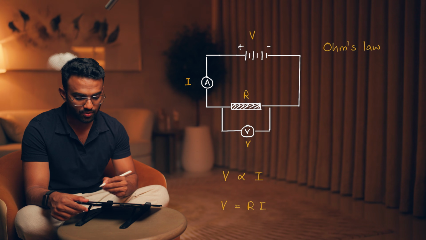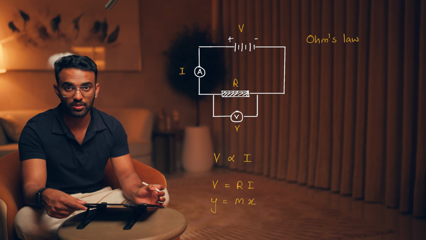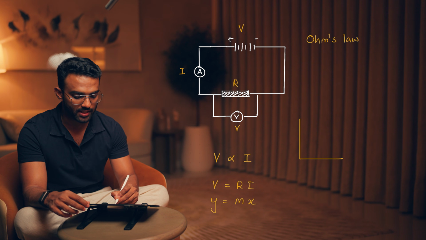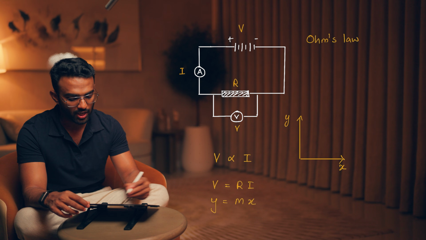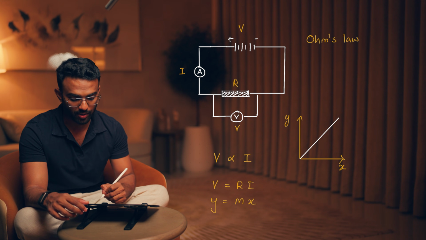This is very similar to y equals mx. Do you guys remember y equals mx? It's the straight line graph, isn't it? So let's say this is our vertical and horizontal axis. This is our y value. This is our x value. And if I draw a line, we have the gradient to be the value of m, correct?